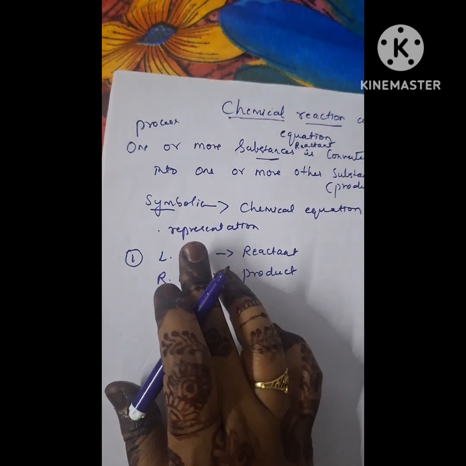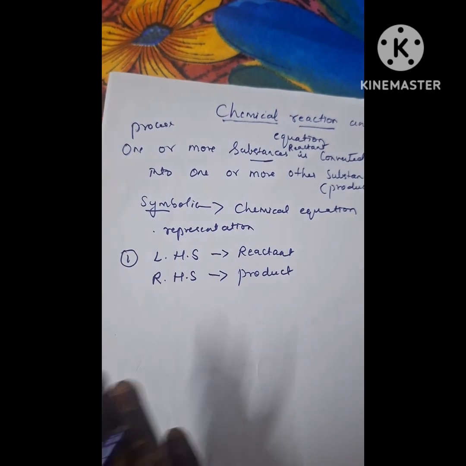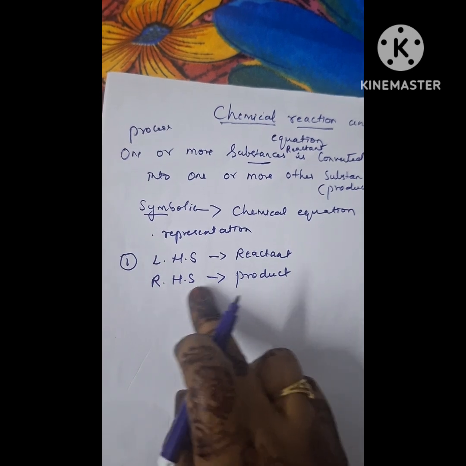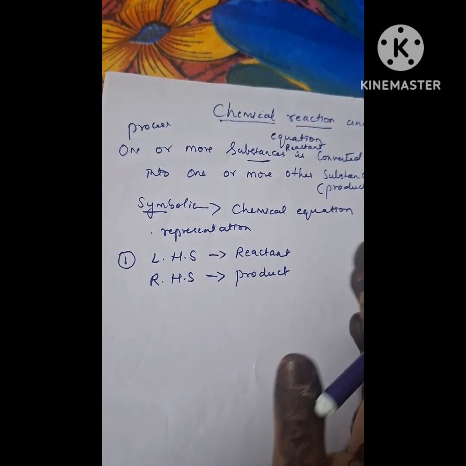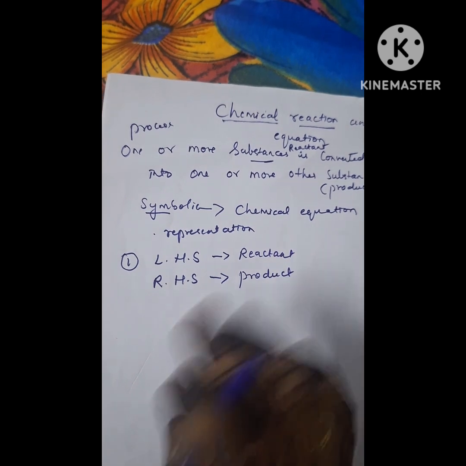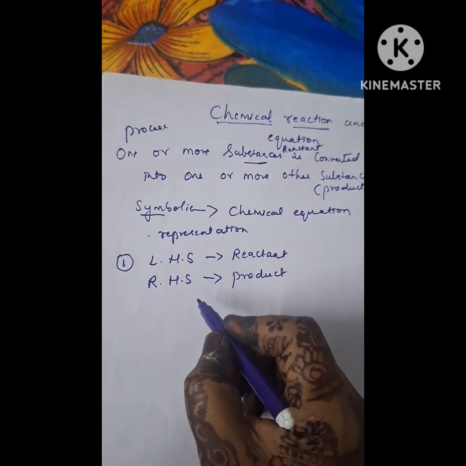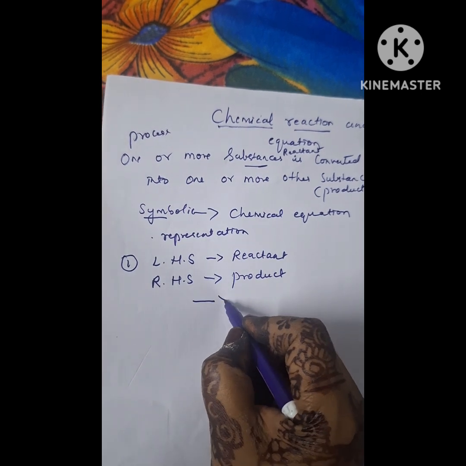So whatever I write on my left hand side is called reactant, and whatever we get on the right side is called product. Between reactant and product, we use an arrow mark.